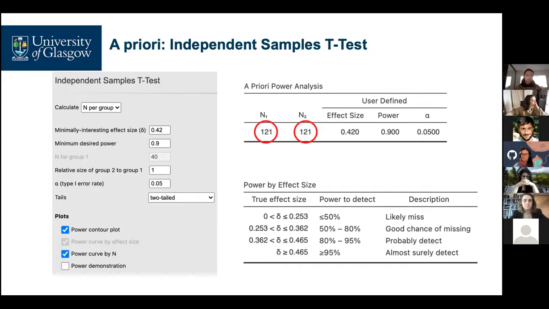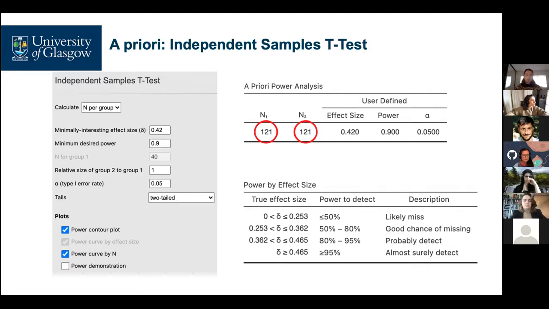Or you can change this to one-tailed, where, to support my hypothesis, group A must be bigger than group B. That's normally more efficient. We'll come back to that in a second. But for two-tailed, we'll have it like that. For plots, I think this is all default other than maybe power contour, but make sure you click that because we'll come back to it in a second.